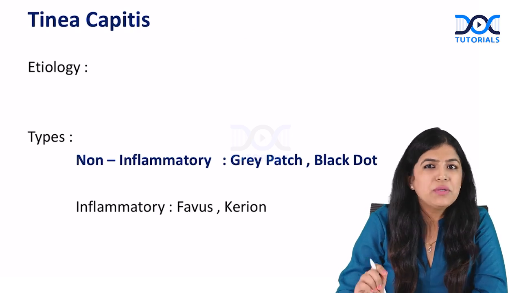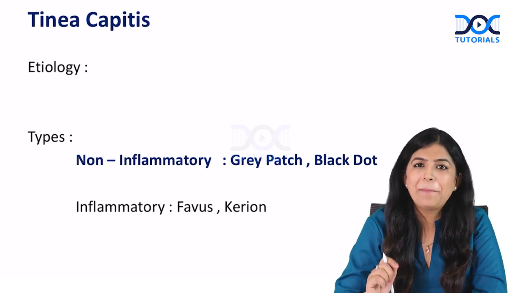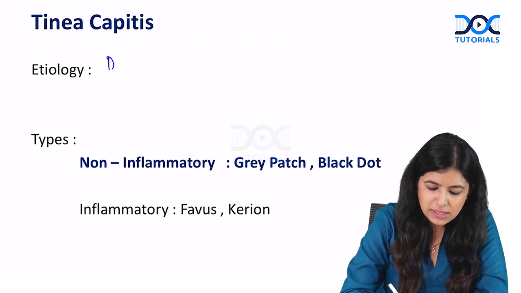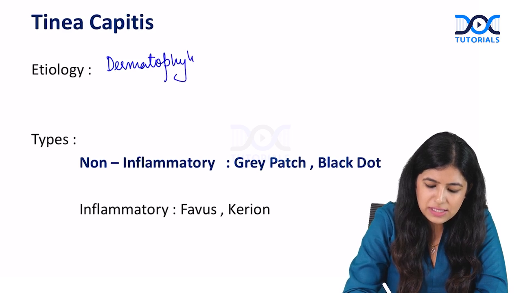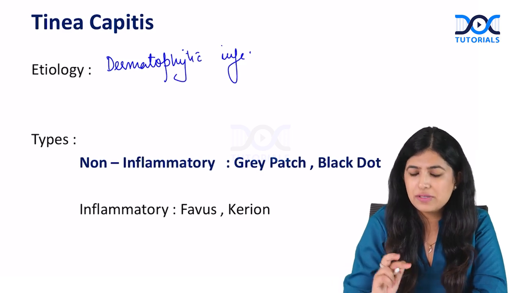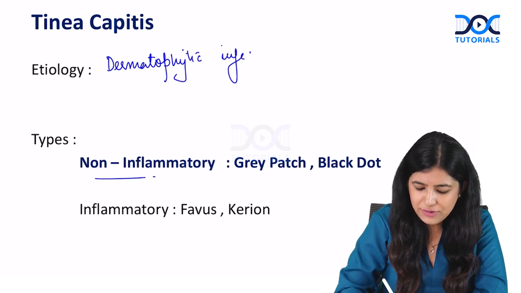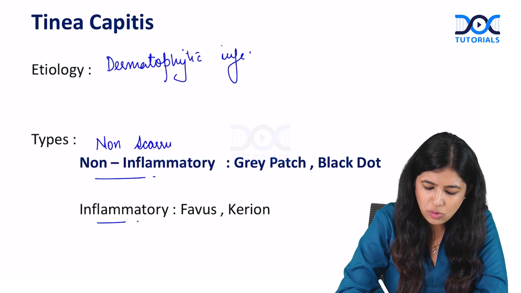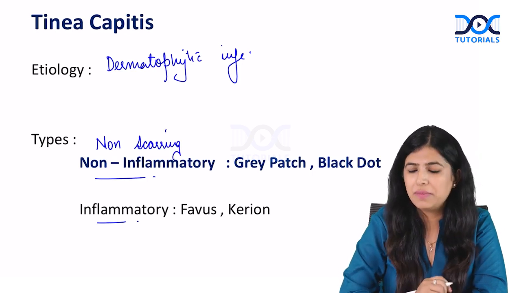So next we come to Tinea capitis, which is also a patchy, non-scarring alopecia. This is a dermatophytic infection of the hair shaft, and Tinea capitis is of two types, non-inflammatory and inflammatory. When we talk about the non-scarring Tinea capitis, we are talking about the non-inflammatory type.